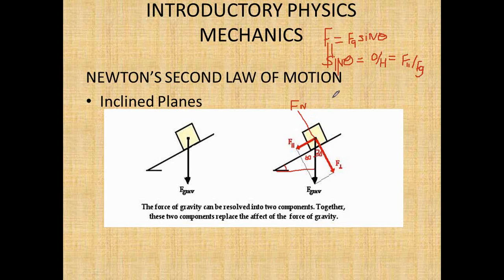So the cosine of an angle is equal to the adjacent side of the right angle triangle over the hypotenuse.